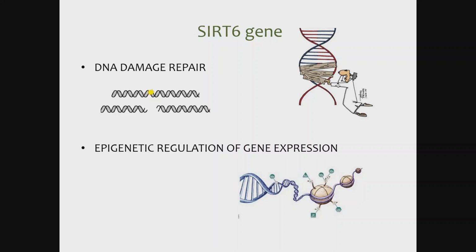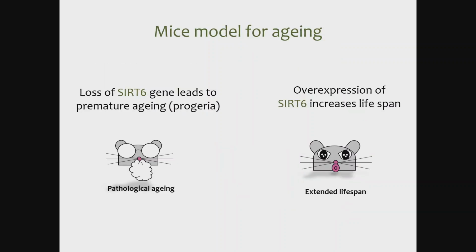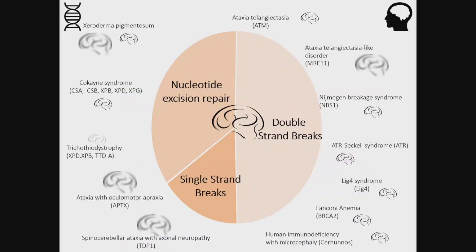So when we delete it, the mice get accelerated aging. They look super old. They manage to live about 4 weeks of age with all the characteristics of being really, really old. If we overexpress these genes, mice can live longer, about 10 to 15% longer. So this is telling us that this is an important gene in longevity and in age-related diseases.